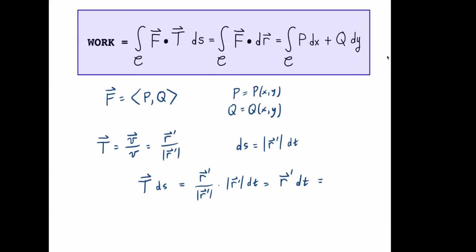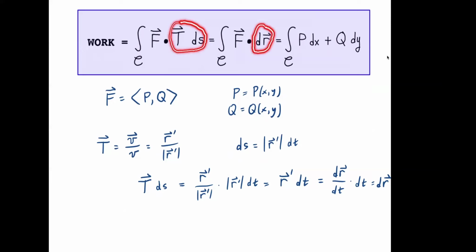And r prime is the derivative of the position with respect to time t. We multiply that by dt, then we get dr. Okay, and so at least formally T times ds, in this expression for work, can be replaced simply by dr.